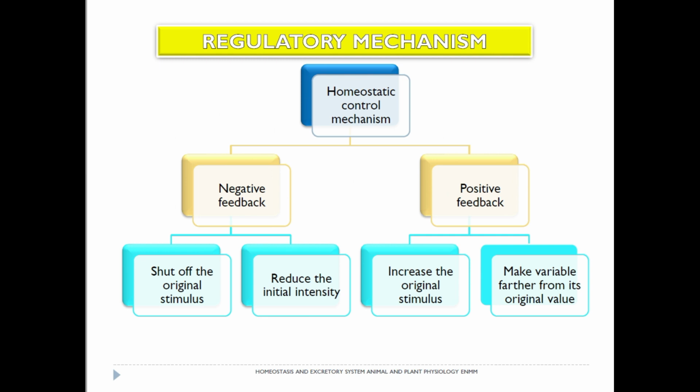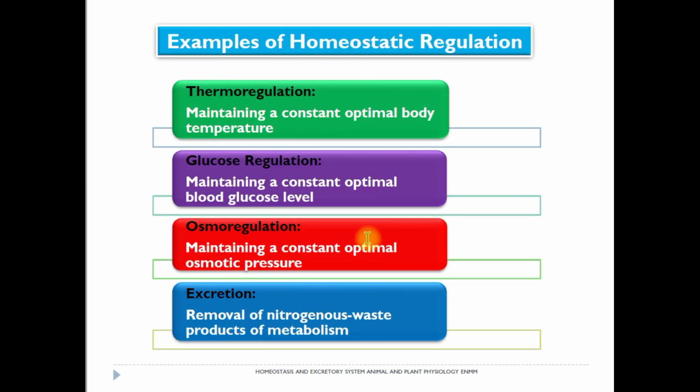Also glucose regulation, maintaining a constant optimal blood glucose level. Osmoregulation, for osmotic pressure and cell stability. And excretion, removing unwanted products or nitrogenous waste of metabolism from the body.